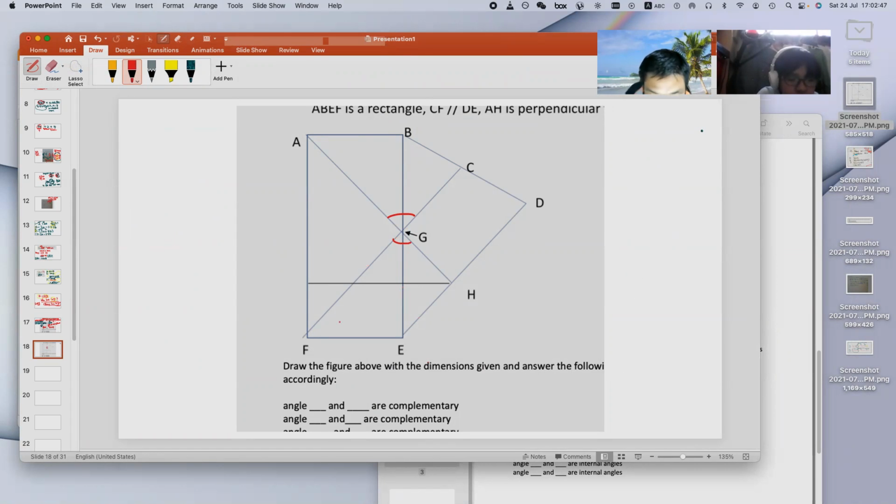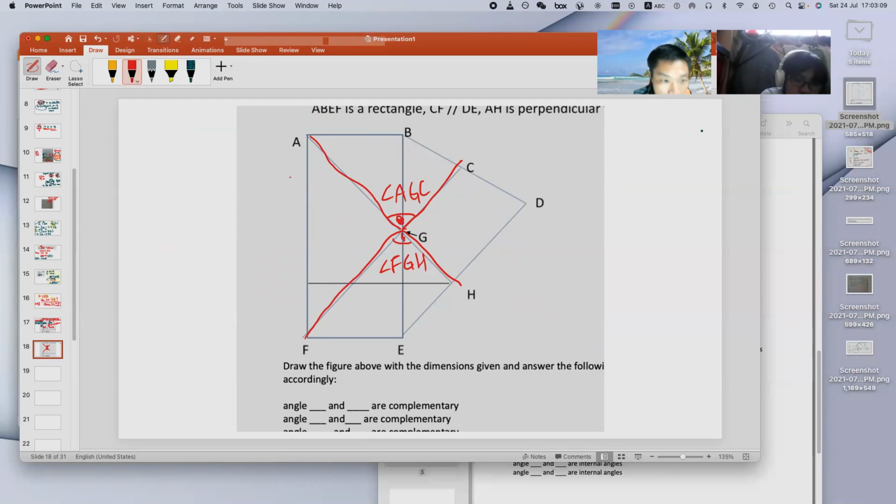How do you read this angle? F, G, H. So this is your angle FGH. Then how do you read this angle? A, G, C. So angle AGC. So angle AGC and this angle are opposite.